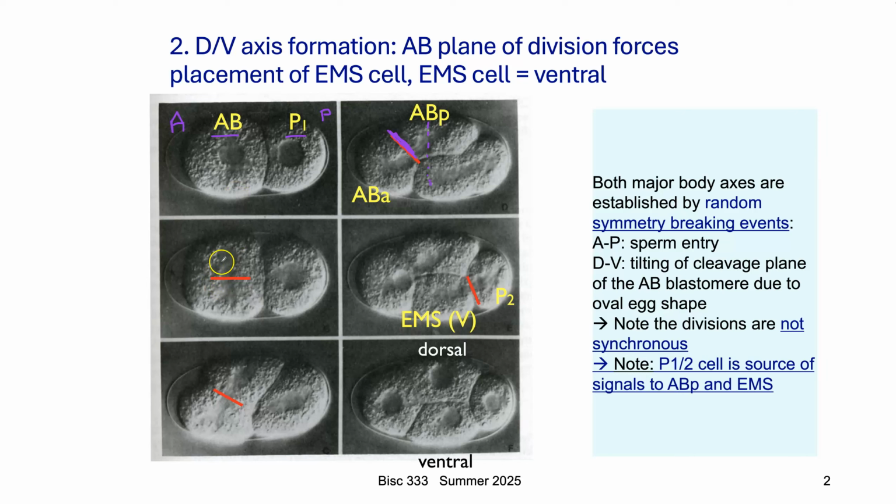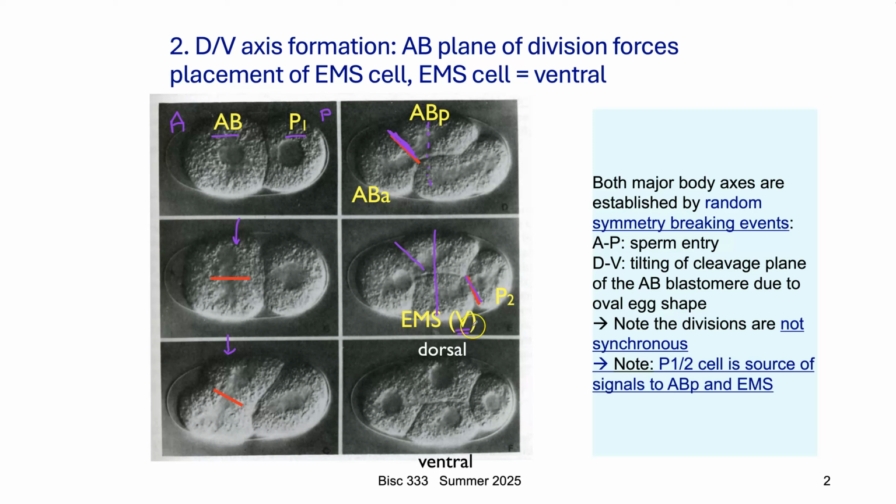and so this part here is just for your reference. It just shows the gradual alteration of the plane of division. The cell is starting to divide, but it gets squished off to one side, and then we wind up with the P and the A cells. After that, if we think about those planes of division, then the P1 cell divides and it creates a P2 cell, which is smaller and towards the posterior, and then a larger cell, which is the EMS cell, and this is the ventral specific cell.